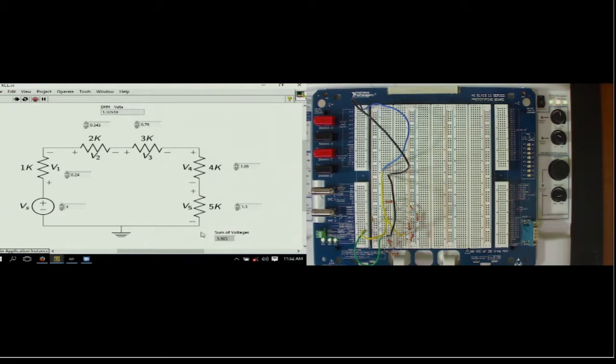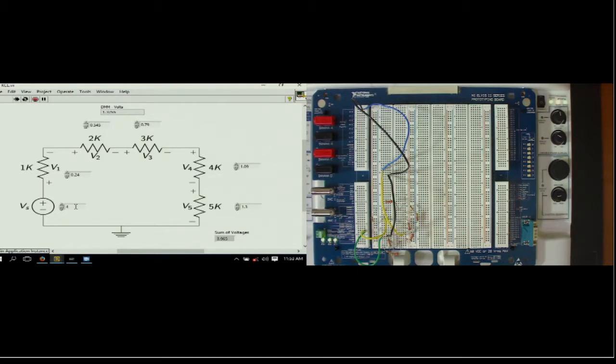So if you observe here, the voltage which we have applied is 4 volts and the sum of the voltage drops across all the resistances in the circuit is coming out to be 3.965, which is approximately 4 volts. So the circuit proves that the sum of voltages in the circuit will always come out to be 0.